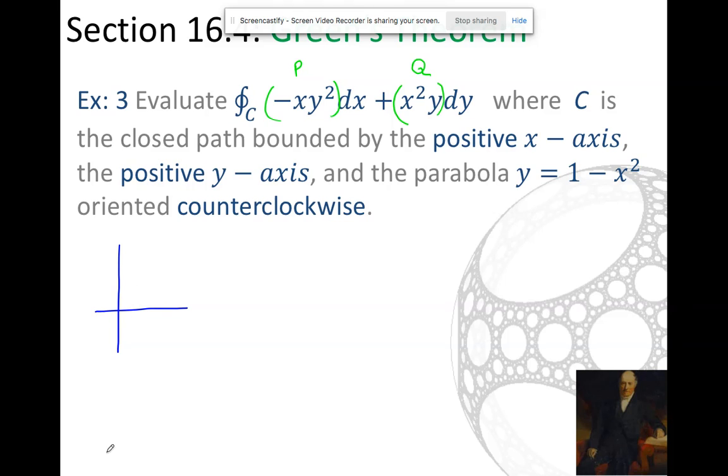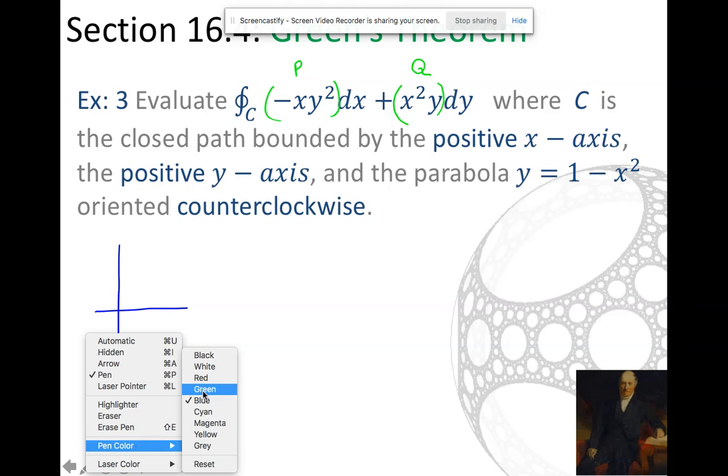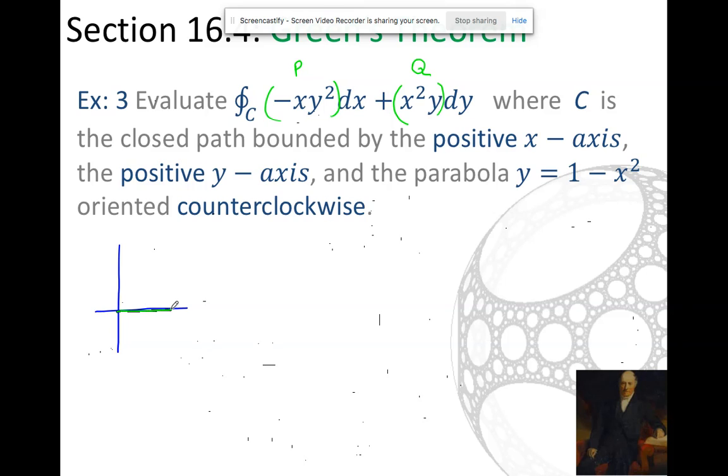All right, so I'm bounded by the positive x, the positive y, and 1 minus x squared. Okay, so that's my region.